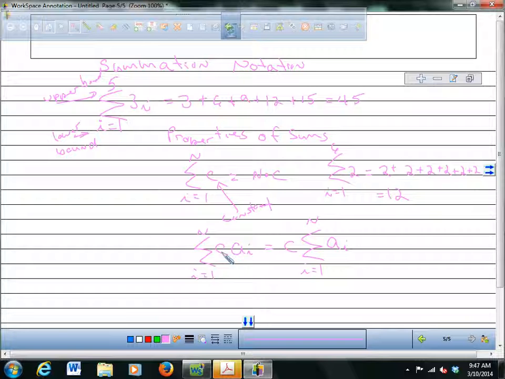So if this is like 5 times a squared, I could pull the 5 out in front, find the sum of the a squares, and then multiply through.